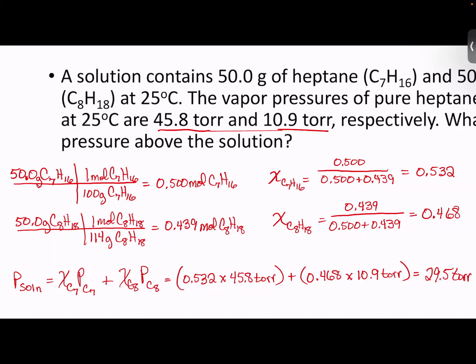If it is volatile, then the pressure of the solution is equal to the mole fraction of the solvent times the pressure of the solvent plus the mole fraction of the solute times the pressure of the solute. And the way you're going to know whether you're dealing with a volatile or a non-volatile is whether there's two pressures.